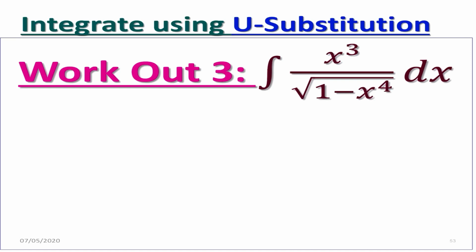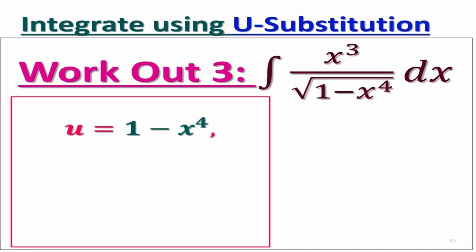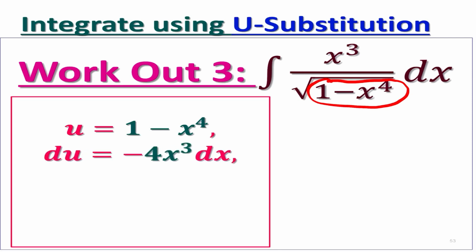So since you are given a root, let's define your u being this expression underneath your root symbol. So it's going to be 1 minus x to the 4th. The next step, we need to find du. So the derivative of this is going to be negative 4x cubed dx.